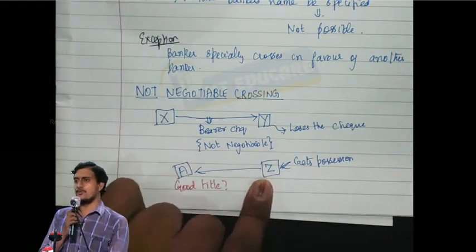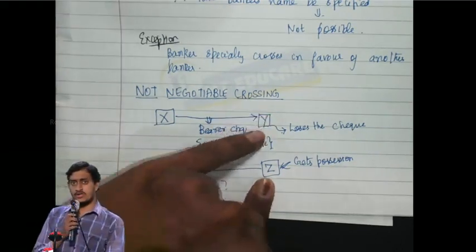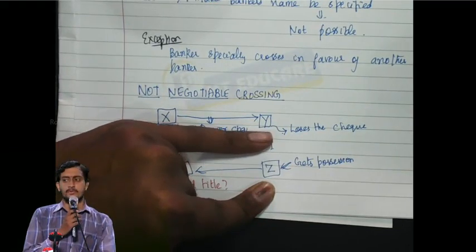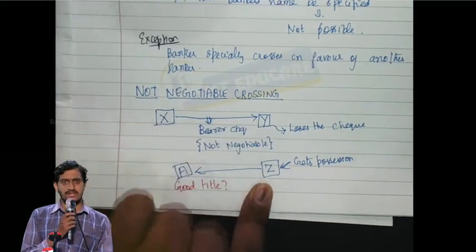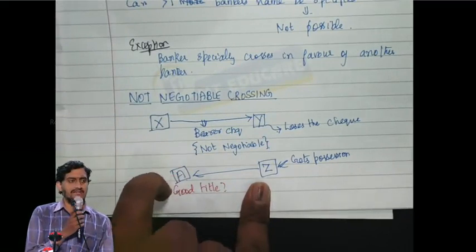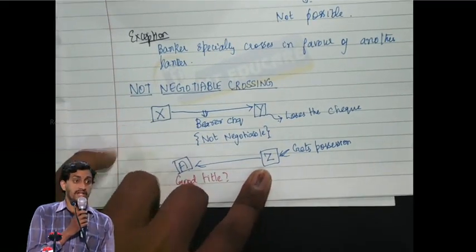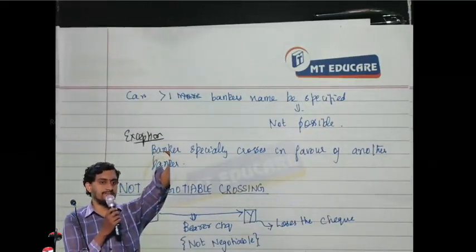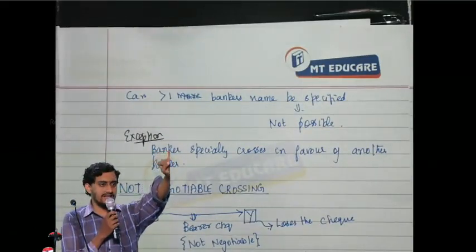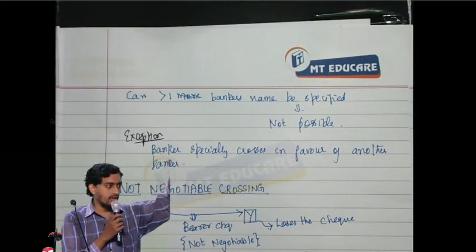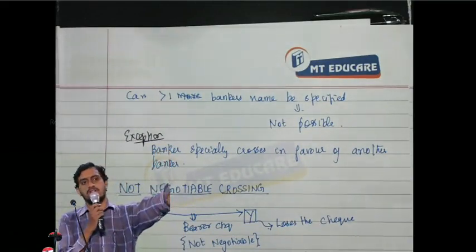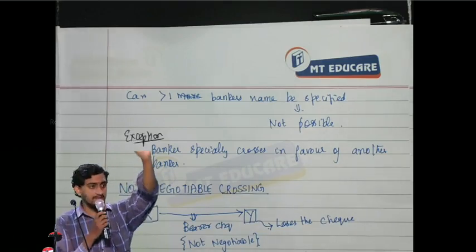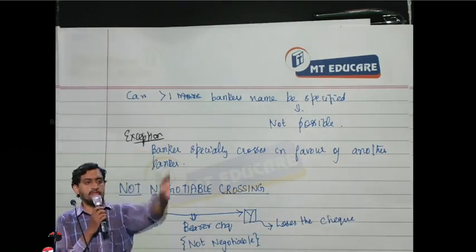Suppose this is not a not negotiable crossing, will A get a good title? A will get a good title. Three conditions I told you yesterday: consideration, good faith, before maturity.